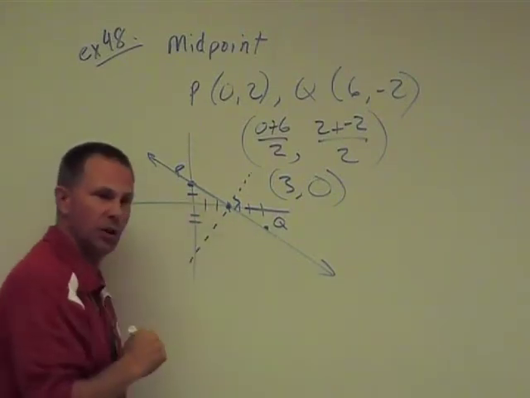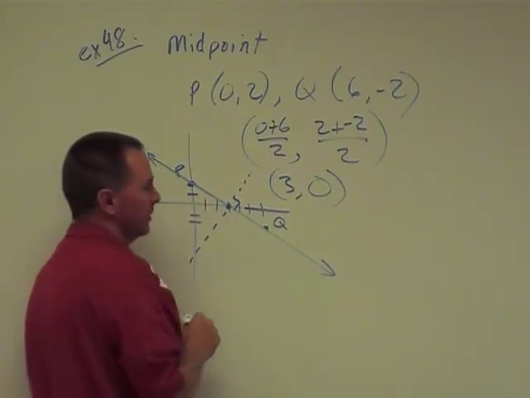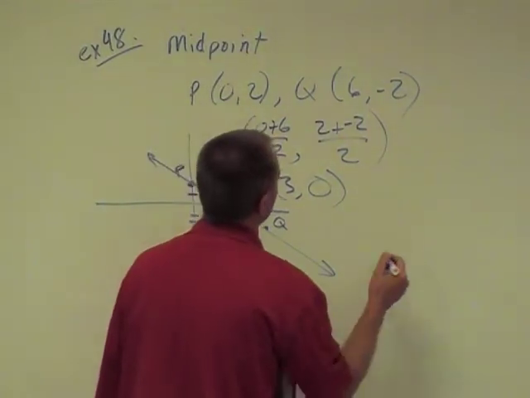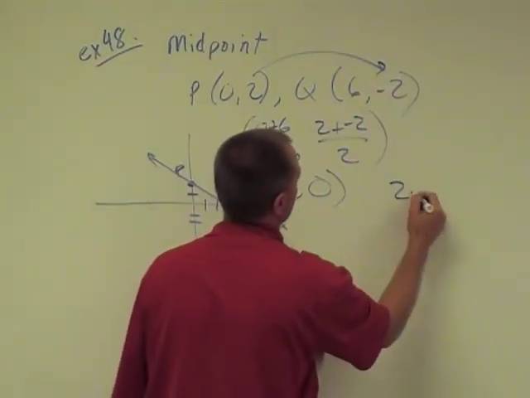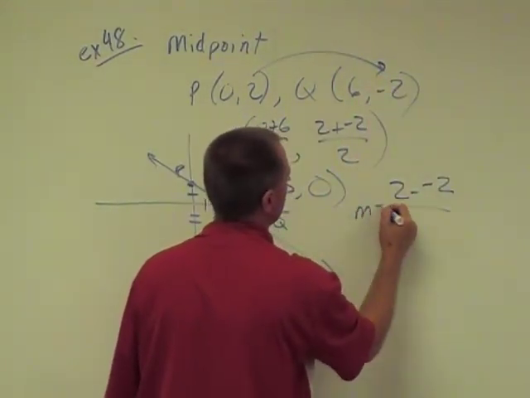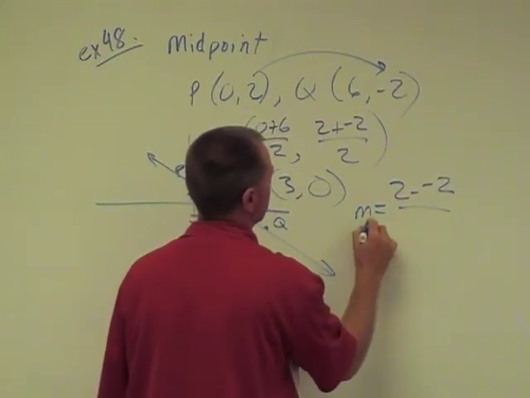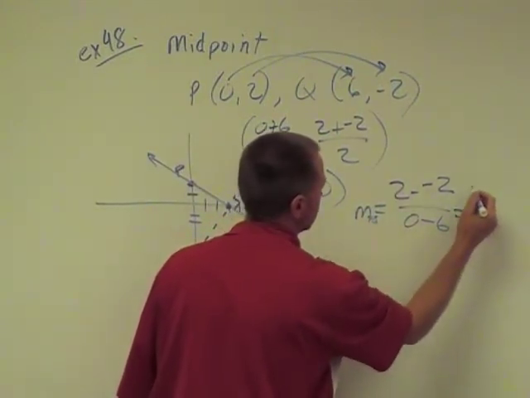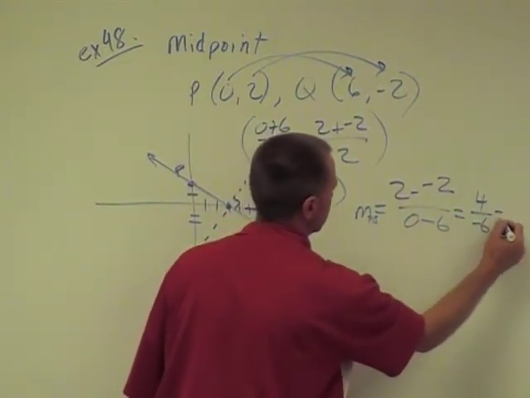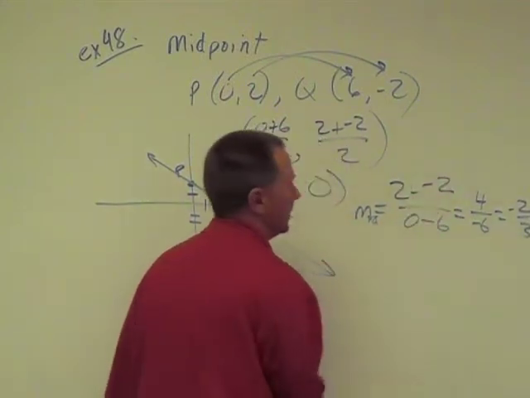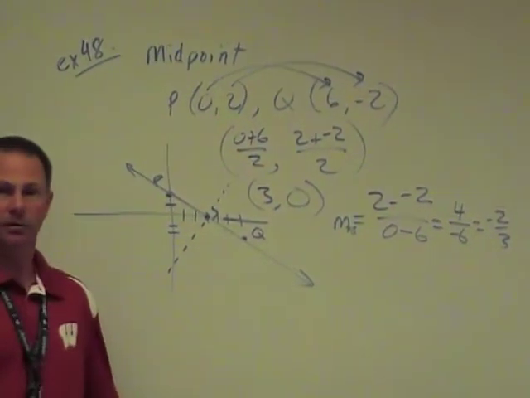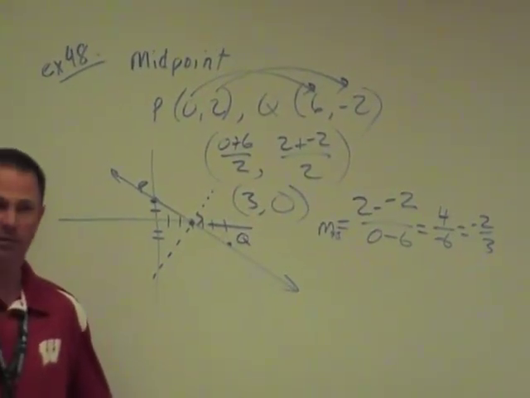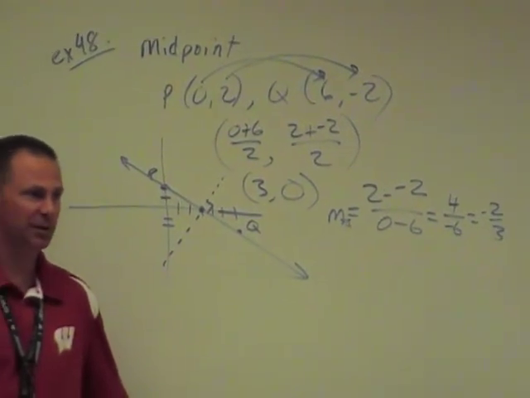Everybody find the slope of PQ. Negative 2 minus 2, over 0 minus 6. Correct? Everybody check my math. I'm not doing great math.